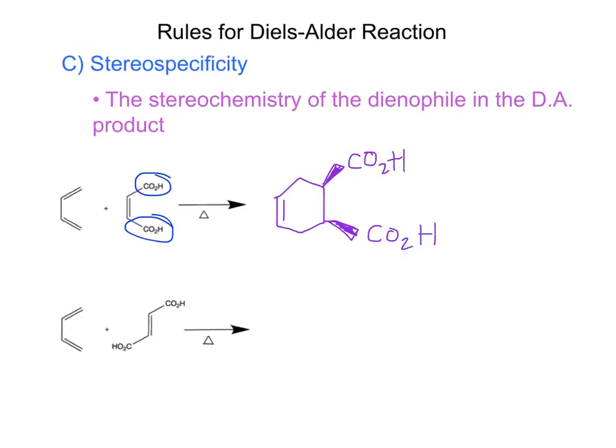The opposite occurs in the second reaction here, where we have an E alkene at the dienophile. So when it reacts and forms a 6-membered ring, we'll have opposite stereochemistry with one group coming out and one going in.